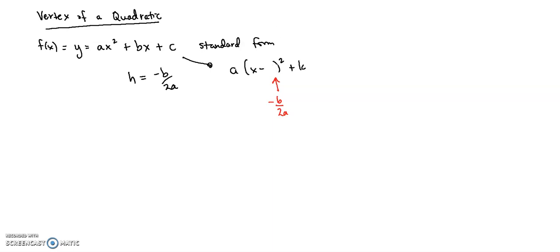So rather than put it into vertex form every time, we can just use that shortcut and know that the h part of our vertex is going to be -b over 2a. So you can find the vertex by using h equals -b over 2a, where the vertex is (h, k).